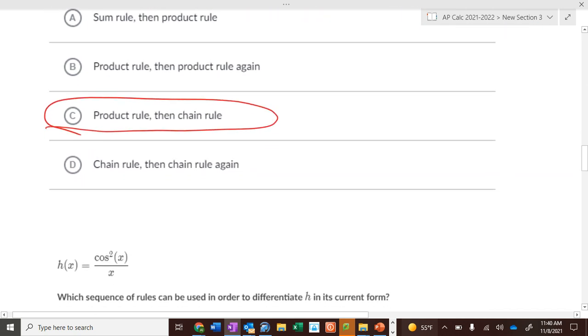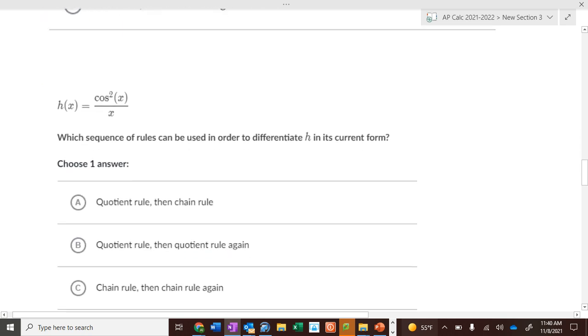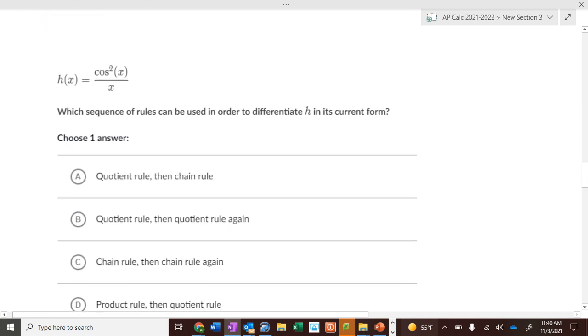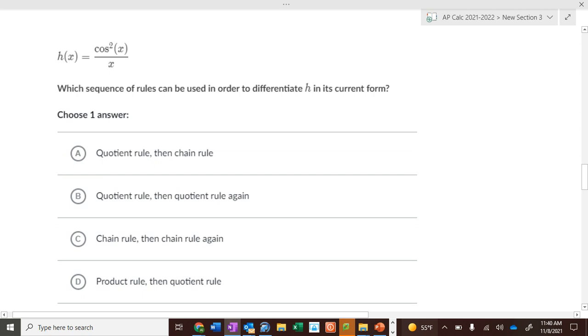I trust you guys. When you have two derivatives that are being added, then you add their derivatives. Okay. So this one, looking at this, what do you think first? The quotient rule, and then because it's squared, you have to apply the chain rule to that top part. So it's quotient rule, then the chain rule.